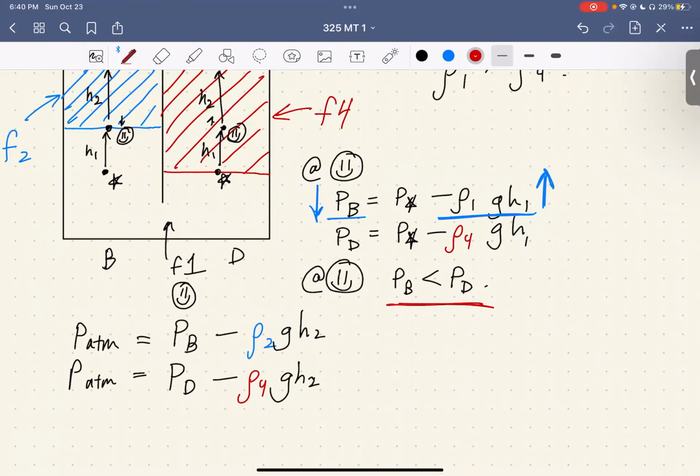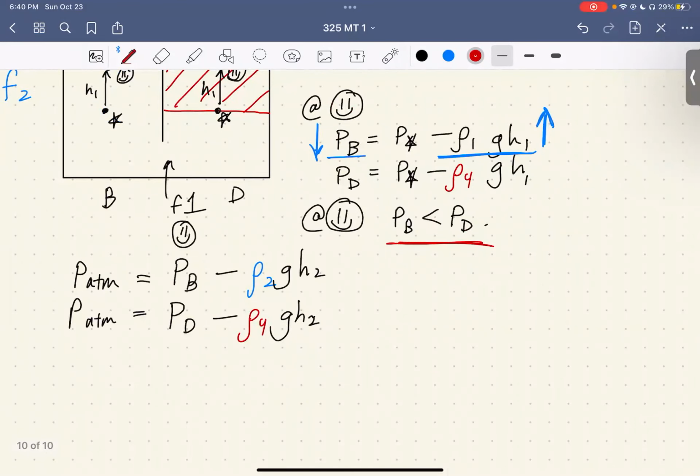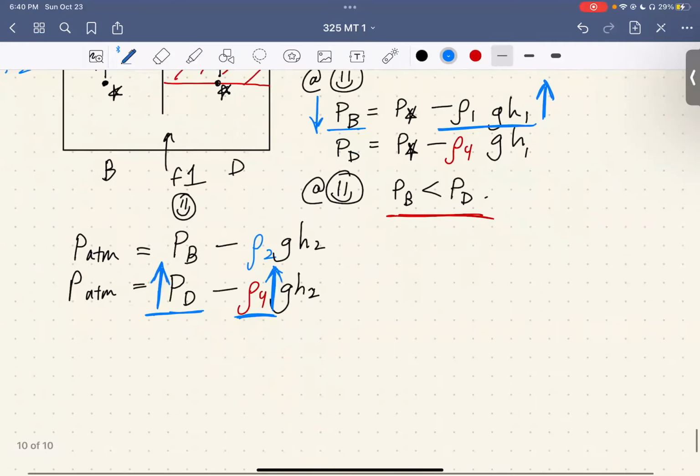We determined this. So that means if PD is greater, that only means that rho 4 must be greater as well to get PATM, right? This is fixed.